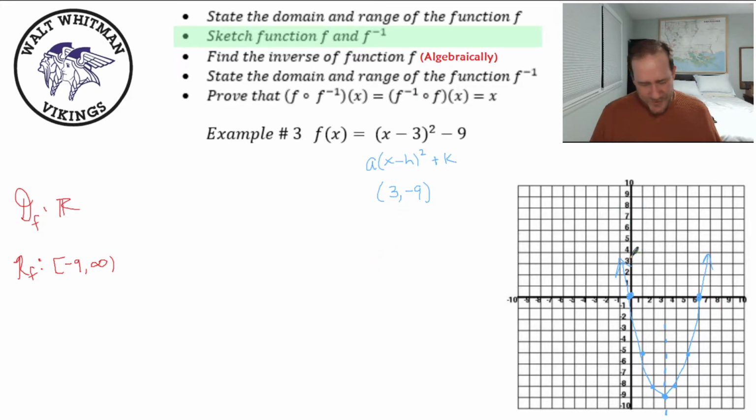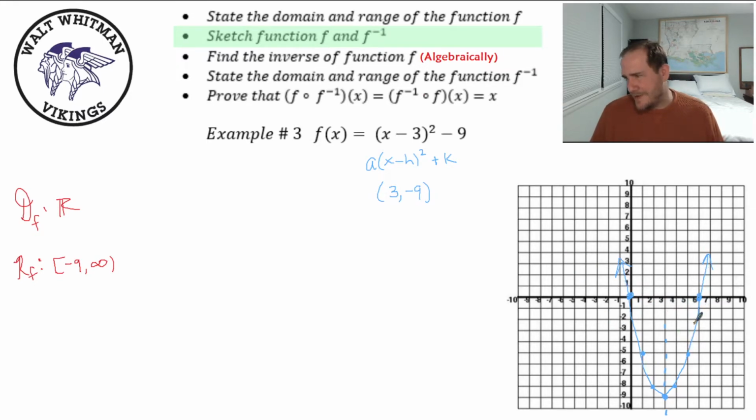We know that a function is a function if it passes the vertical line test. We should also know that a function is referred to as being one-to-one if it also passes a horizontal line test, and this function does not. This function fails that horizontal line test, so this is not a one-to-one function. What that means for us, as we're talking about inverse functions, is that the inverse of this function will not be even a function at all.